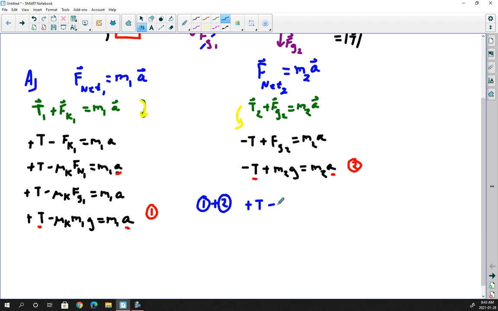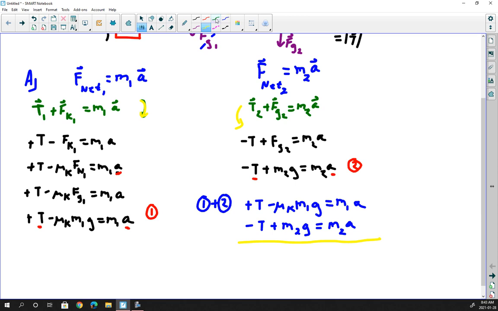So here's equation 1. Here's equation 2. All right. Let me draw an addition line here. So plus T minus T, the T's are gone.